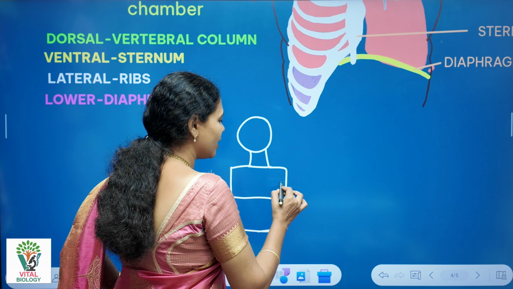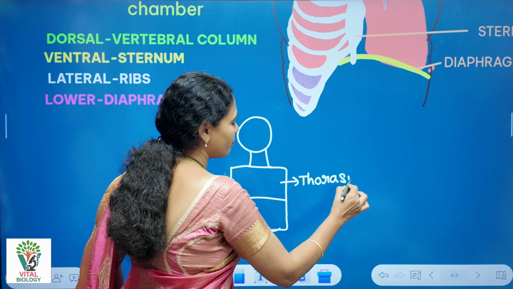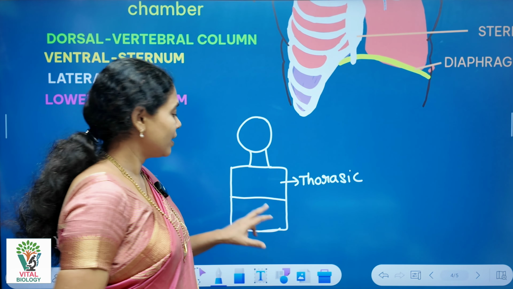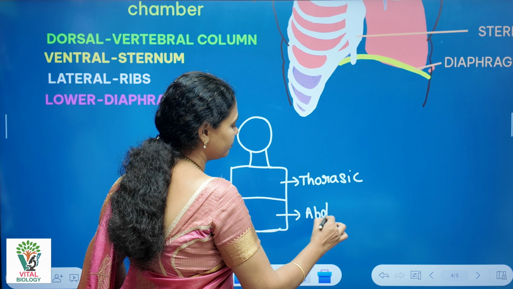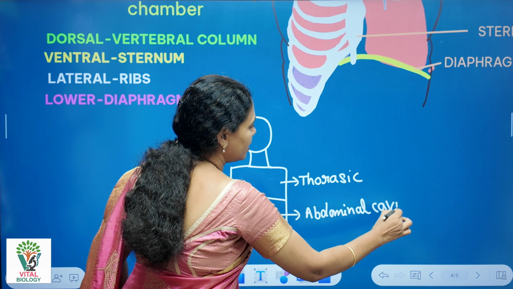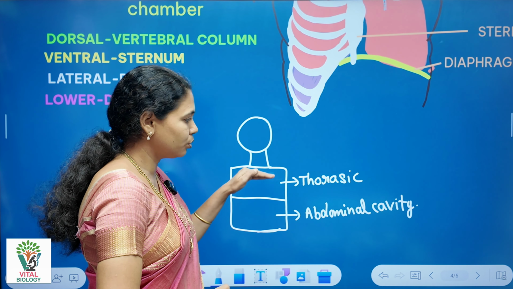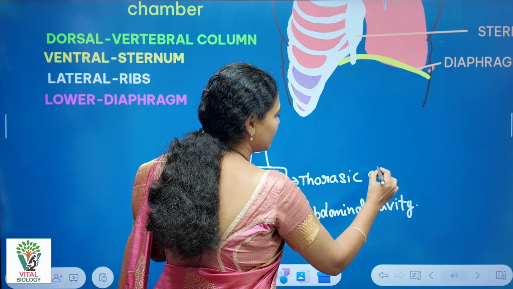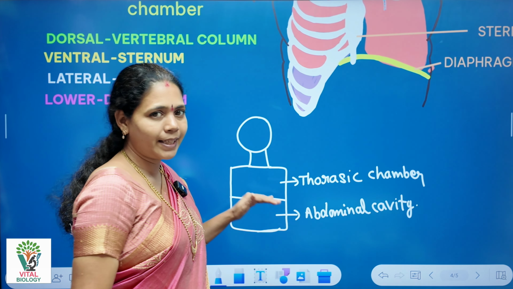This upper cavity, or upper chamber, is called the thoracic cavity, and the lower one is called the abdominal cavity. So this is our entire body region, divided into the upper thoracic chamber, or cavity, and the lower abdominal cavity.